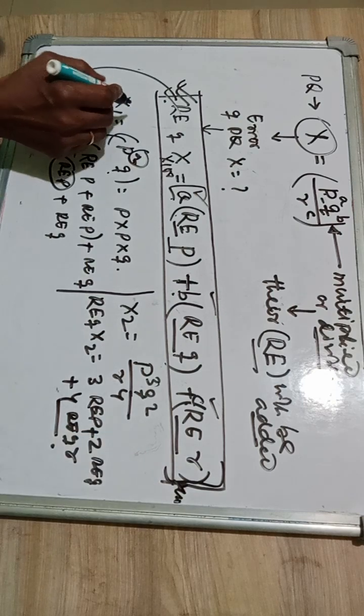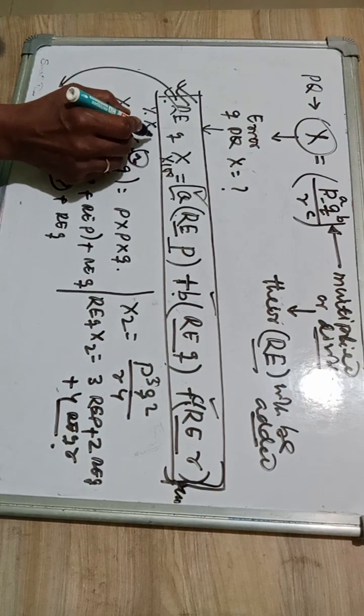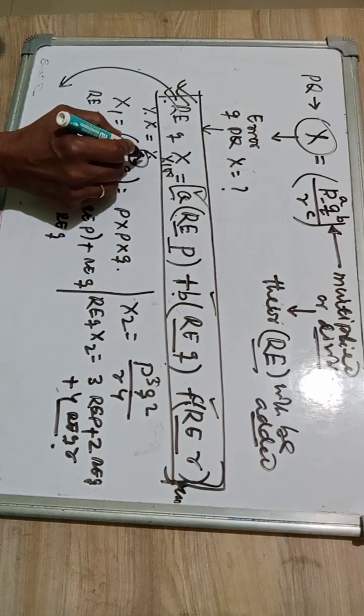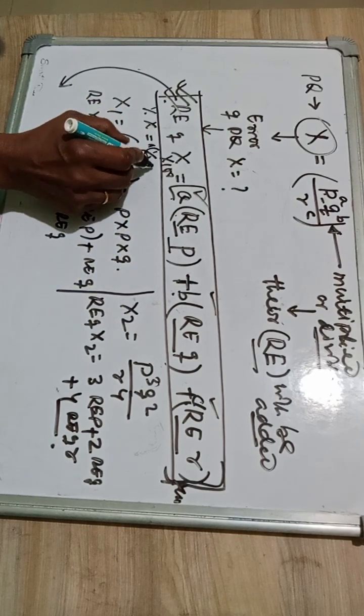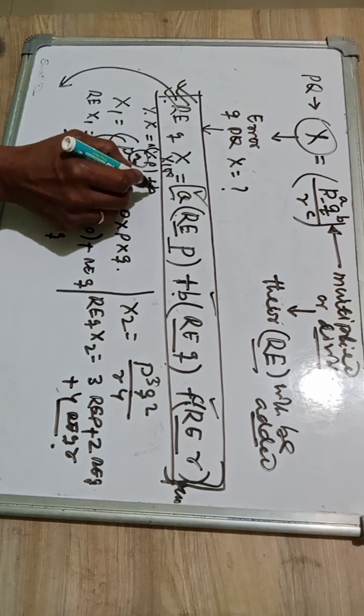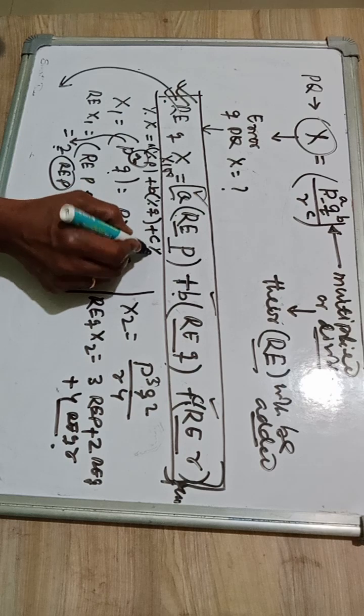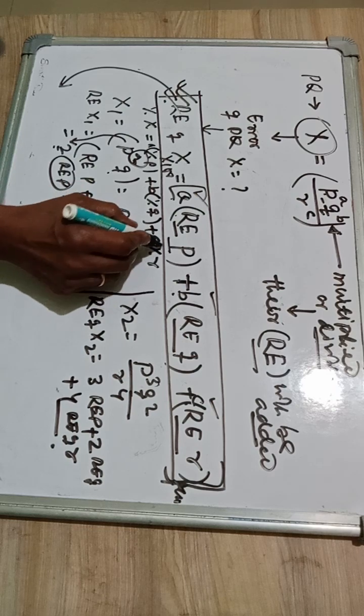It shows percentage error of X is equal to a times percentage error of P, b times percentage error of Q, and c times percentage error of R.